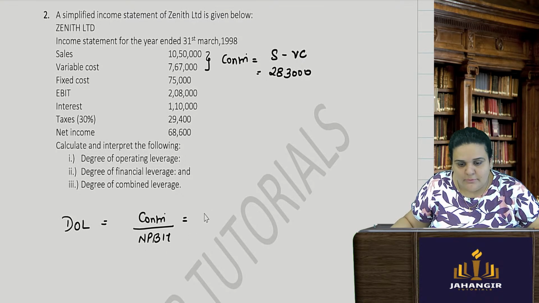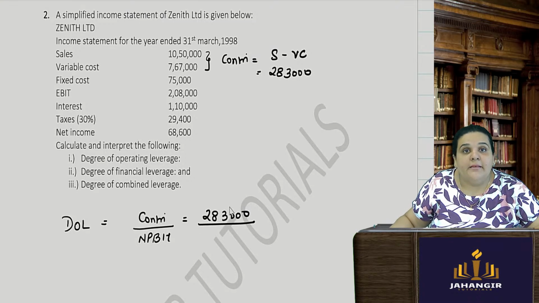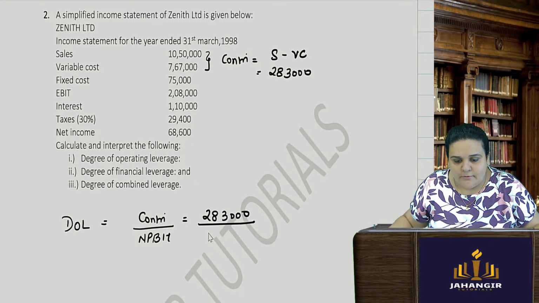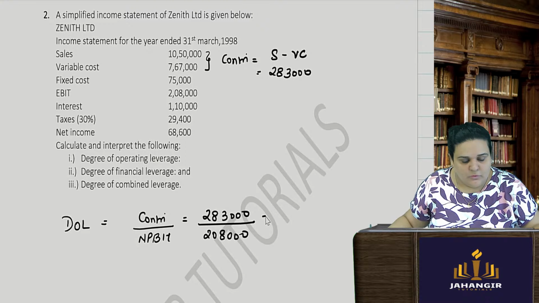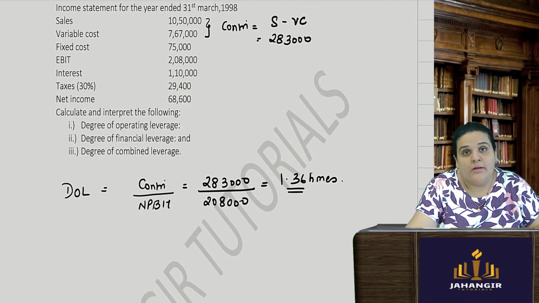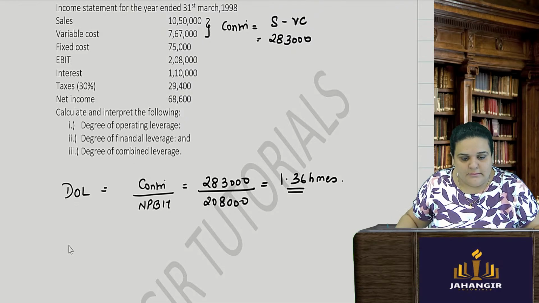So here it will be 2,83,000 divided by NPBIT, which they have already given to us, 2,08,000. So 1.36 times is my degree of operating leverage. You all can try by yourself also, please.